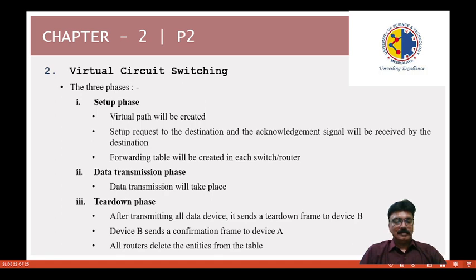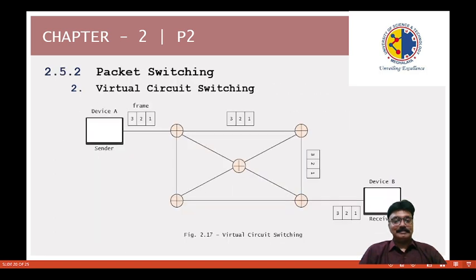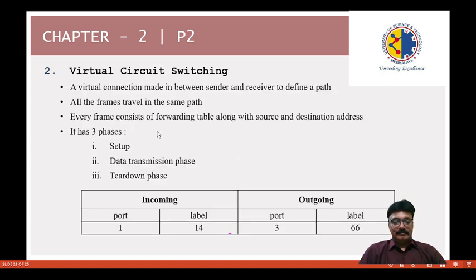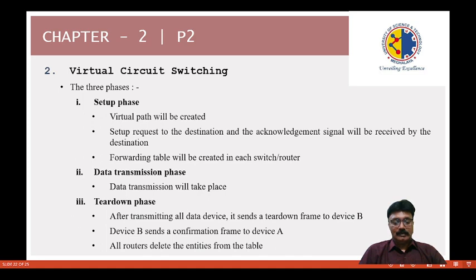Teardown phase: after the data transmission, it sends a teardown frame to device B. After receiving the data, device B sends the teardown signal to device A. That signal is in the form of frames. Then all routers delete the entire forwarding table.